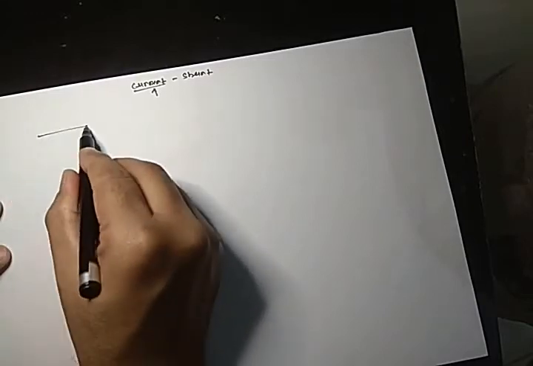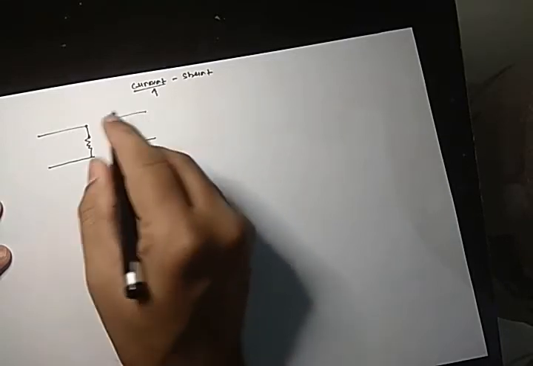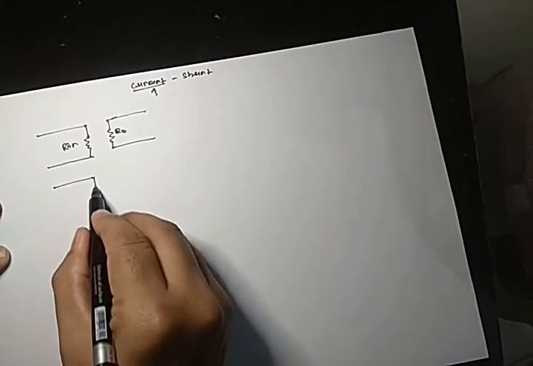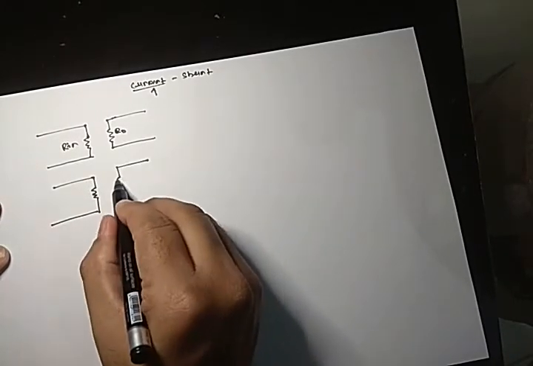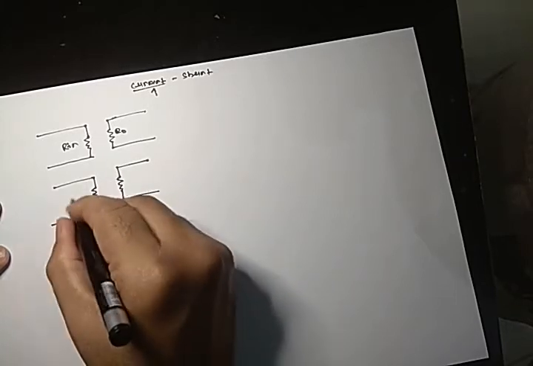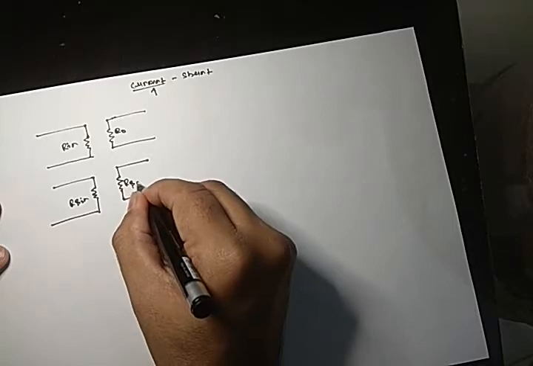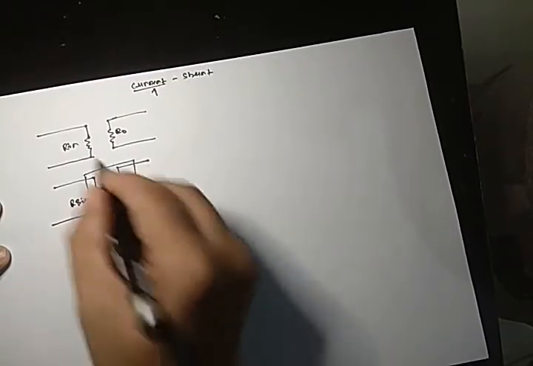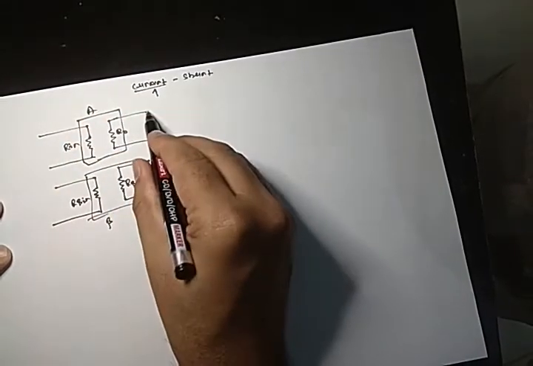Now we are making this R in, R naught, Rf in, Rf O. This is your beta, this is your A. Now this is current.